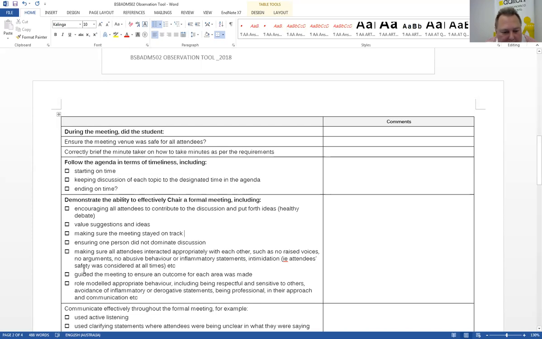That is, attendees' safety was considered at all times. Guided the meeting to ensure an outcome for each area was made.